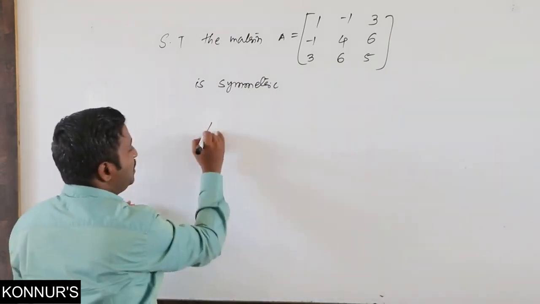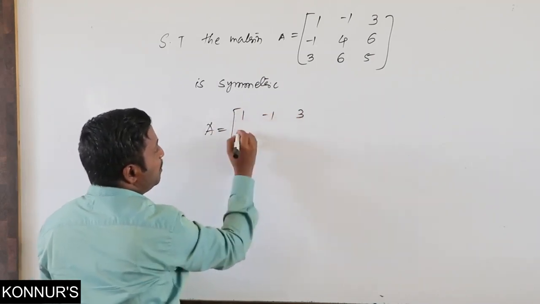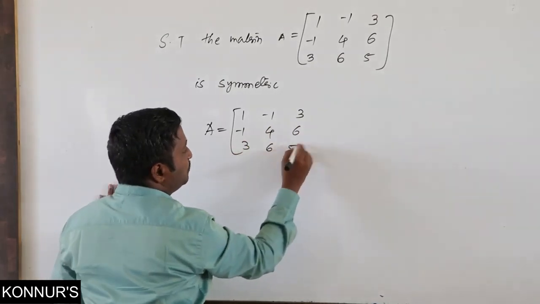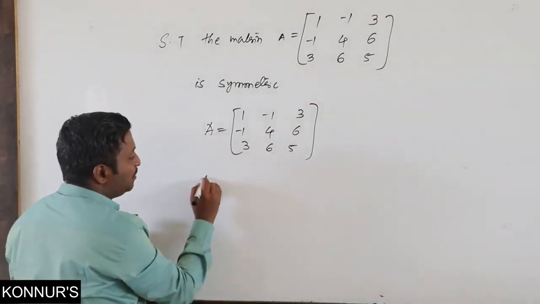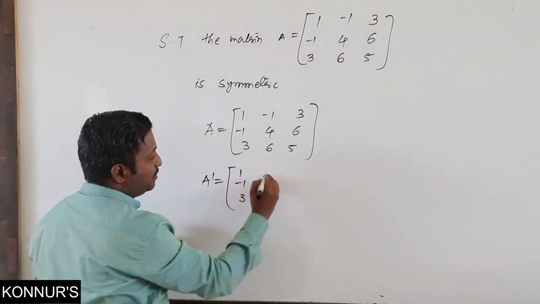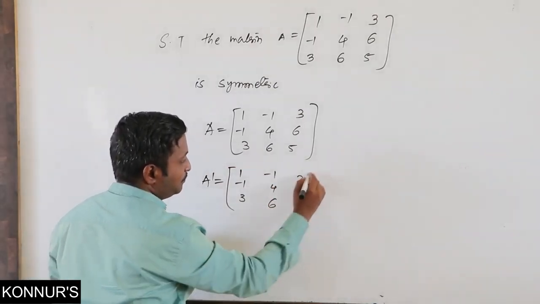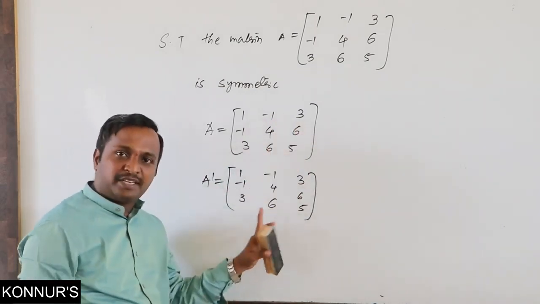We have to find A. It is given that 1 minus 1 3, minus 1 4 6, 3 6 5. This is A. Find out A dash. A dash becomes 1 minus 1 3, minus 1 4 6, 3 6 5. I made the row column interchange.